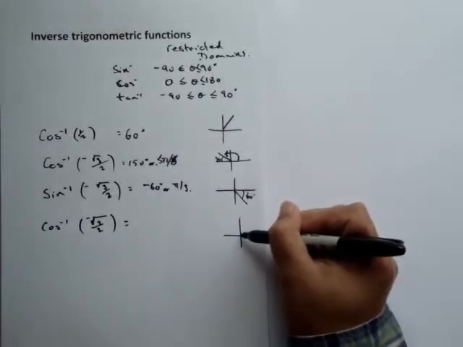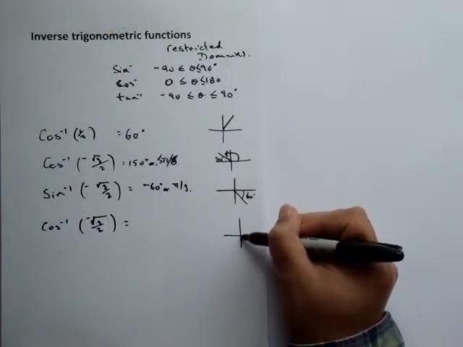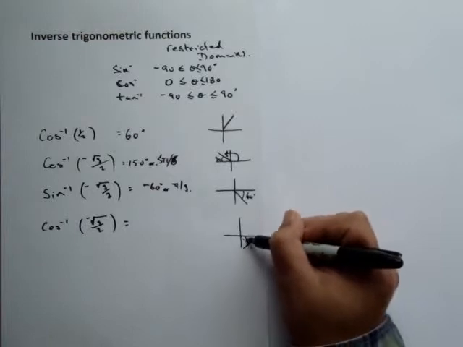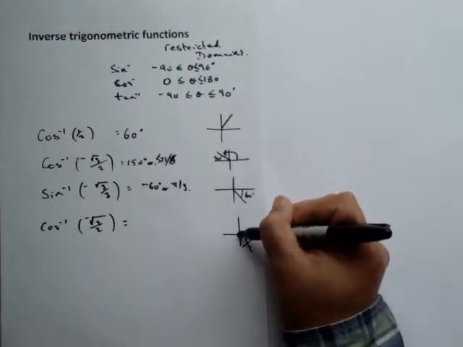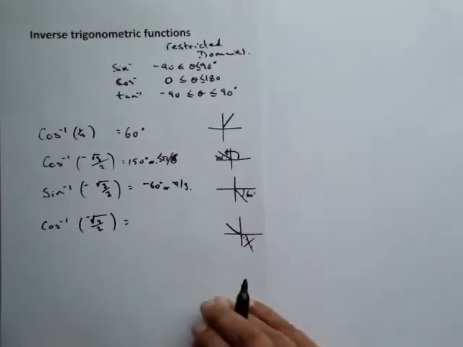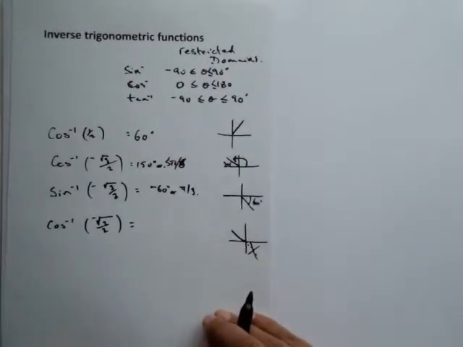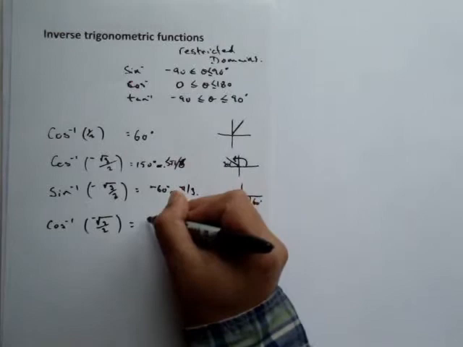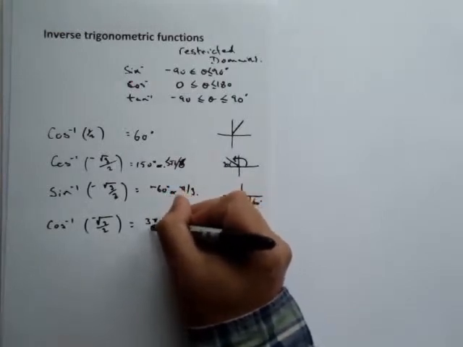So over here it doesn't fall within the domain, so it can't be in this quadrant, so it has to be in this quadrant, 0 to 180 degrees. So it's 3 pi over 4.